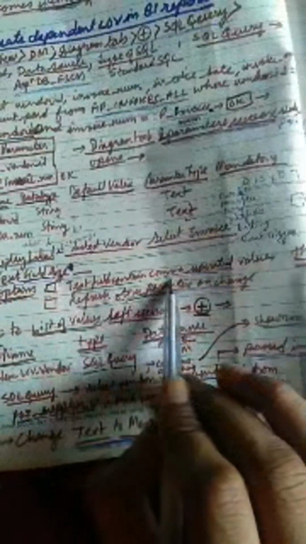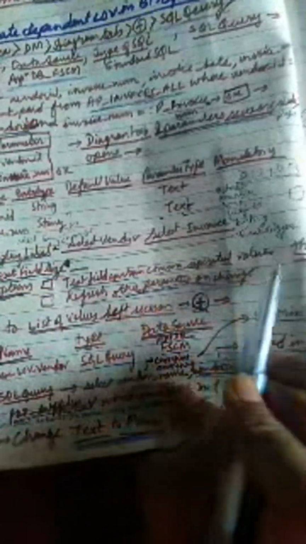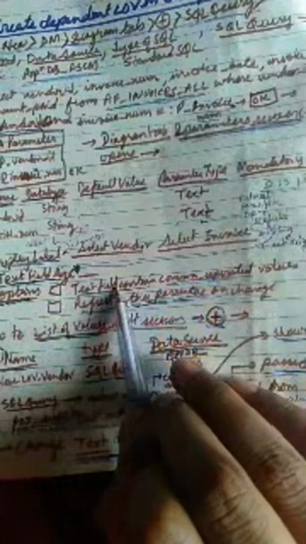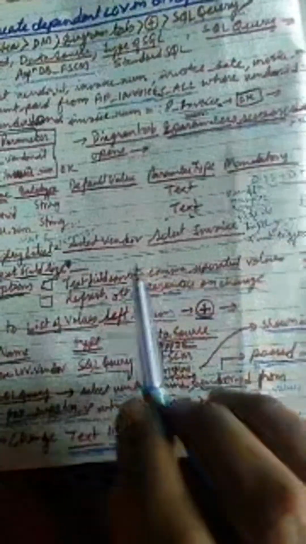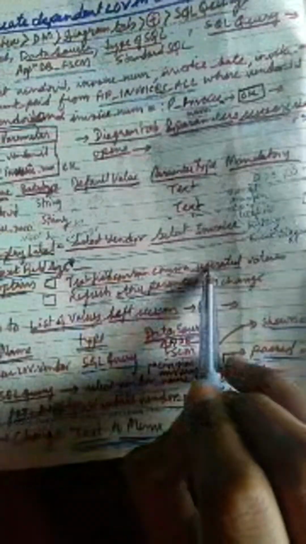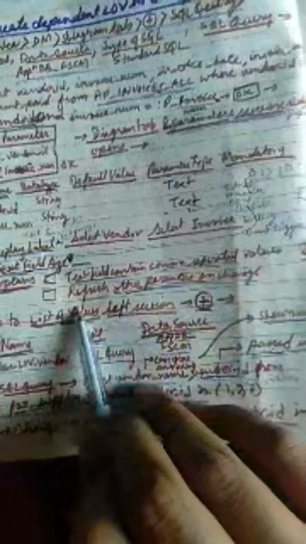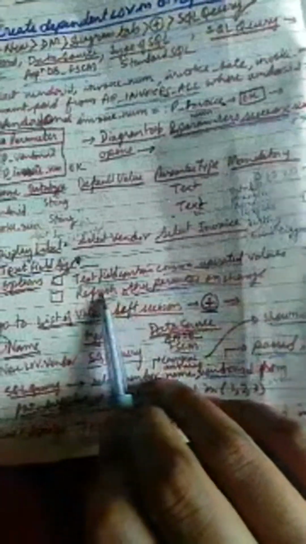Text field contains comma separated values means a single text field can accept multiple values separated by commas. If you want that, you can check this checkbox, and we will be using it later.